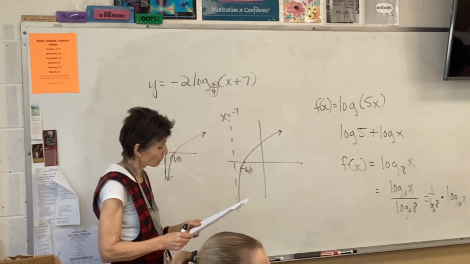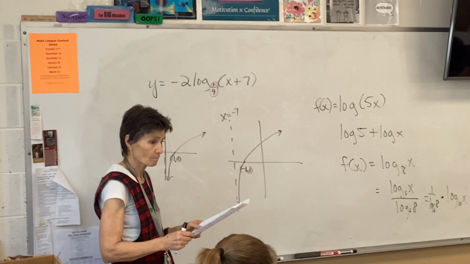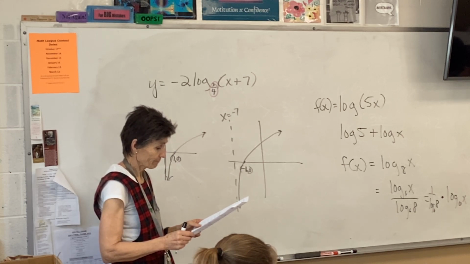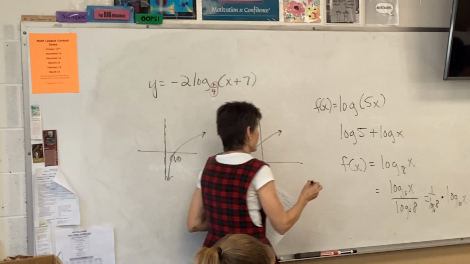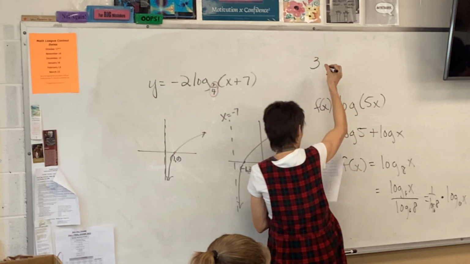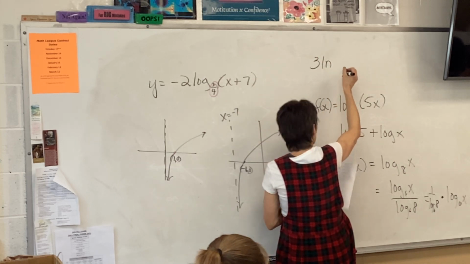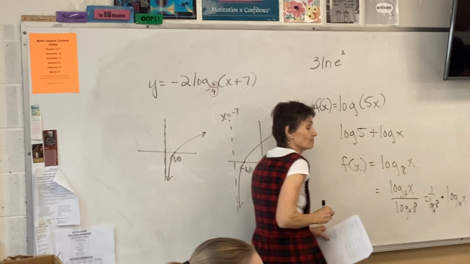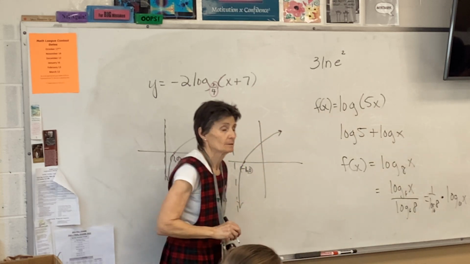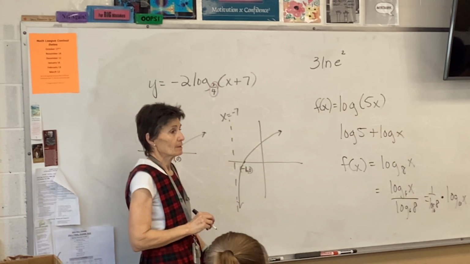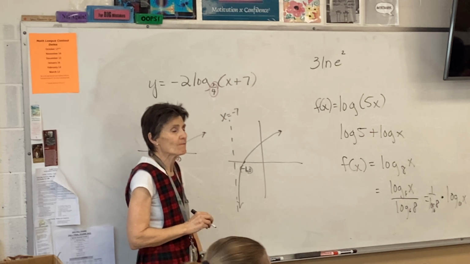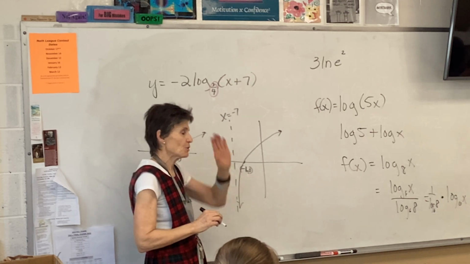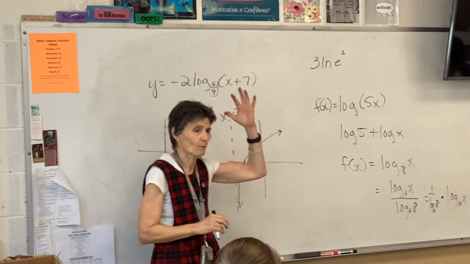Morgan? Could you do 4e on the mini quiz? You need to simplify or evaluate 3 ln e squared. Okay? There are certain fundamentals that you learned last year and you just gotta remember them.